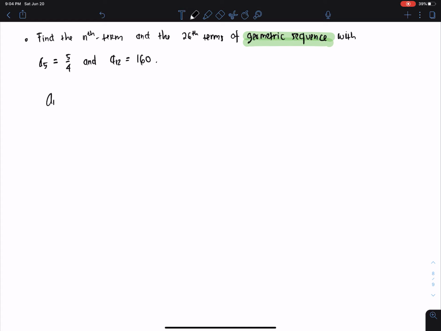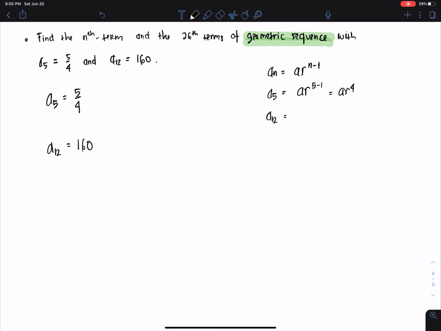We know A5 equals 5/4 and A12 equals 160. For a geometric sequence, a_n = A r^(n-1). So for A5, meaning n equals 5, we have A r^(5-1), so A r^4.